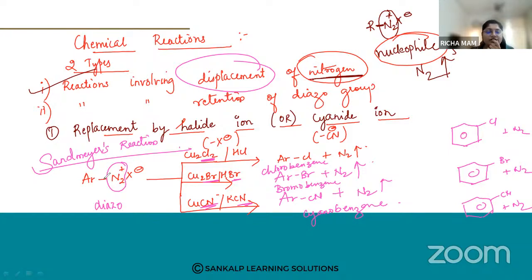Whenever we convert our diazo group, the N2 group, by chloride ion, bromide ion or cyanide ion, we get this type of reaction, and it is called the Sandmeyer reaction. Is it clear?